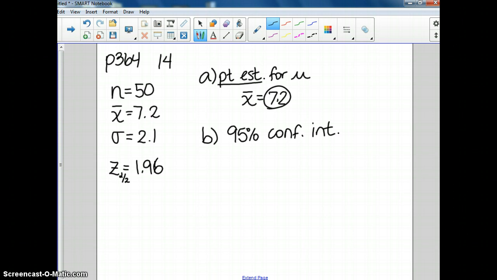Now our confidence interval is going to be centered around that mean, and we know we're going to subtract the z-score times the standard deviation over the square root of n from that mean, and we're also going to add that same expression back to get our low and our high ends.